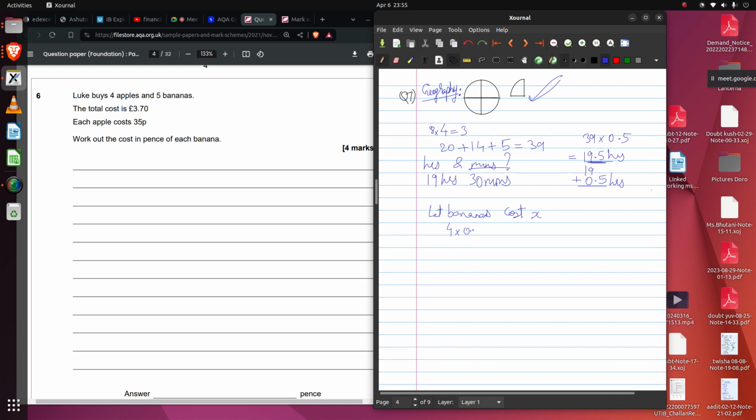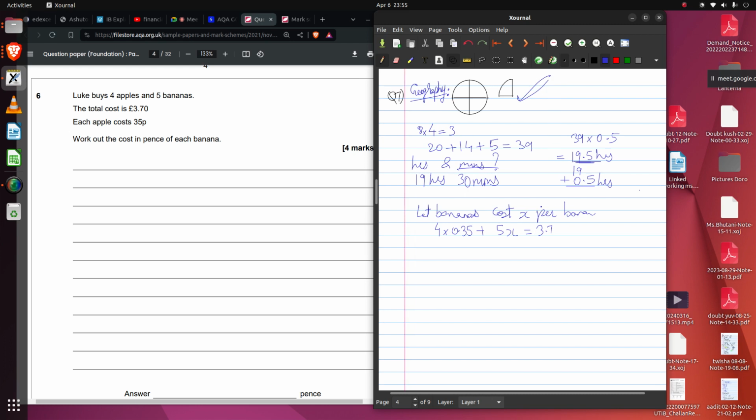Directly 35 pence. You have to convert. So 1 pound equals 100 pence, so 35p is 0.35. So you do 4 times 0.35 plus the bananas.